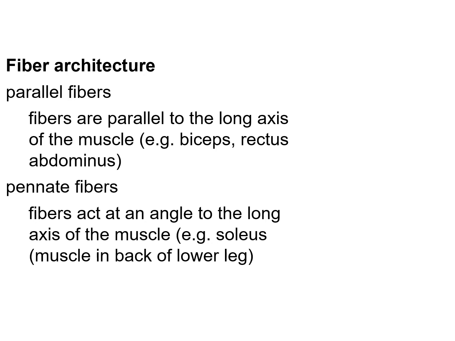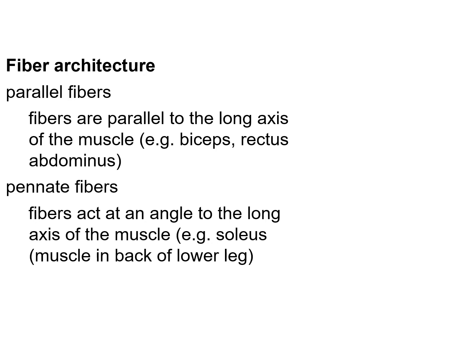We also can look at identifying muscles by their architecture. There are two main types of fiber architecture. We have parallel fibers, as in the fibers are parallel to the long axis of the muscle. A good example of that would be your biceps, especially the brachialis muscle, or your rectus abdominis muscle.